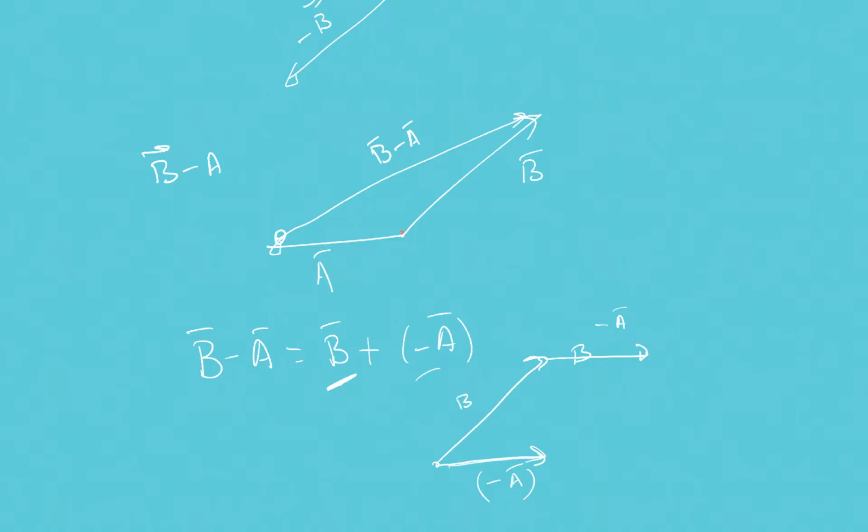And now B plus minus A will be this vector, because this is the way we make the sum. B minus A, from the tail of B, the first, to the head of the second, is the vector minus A.